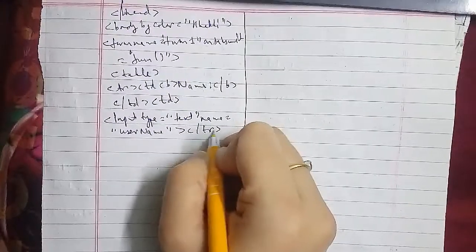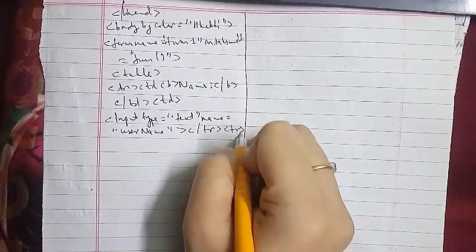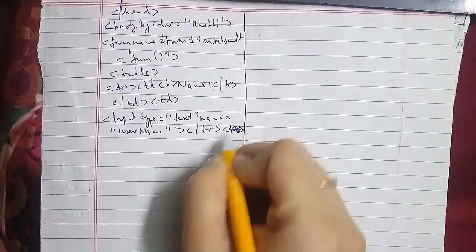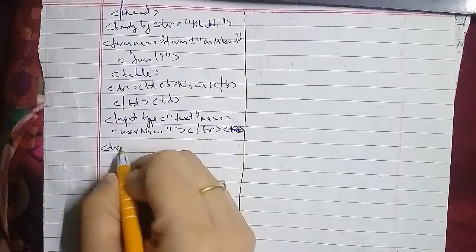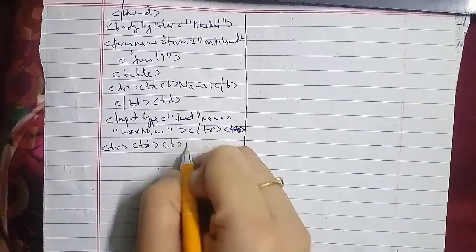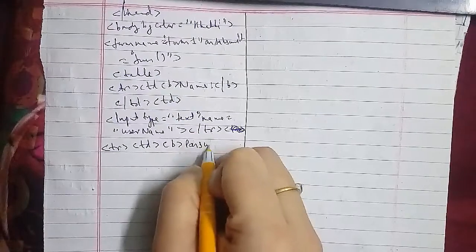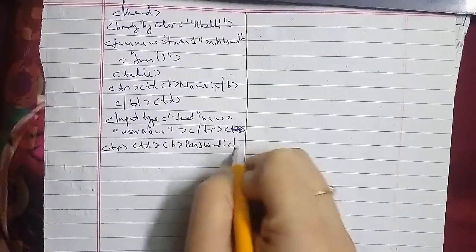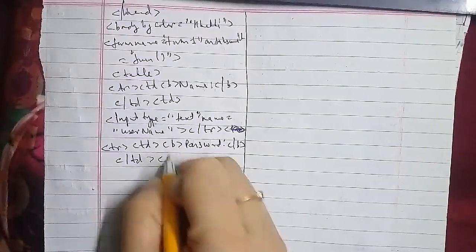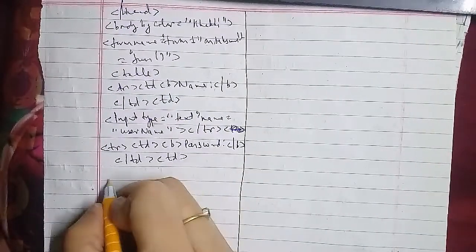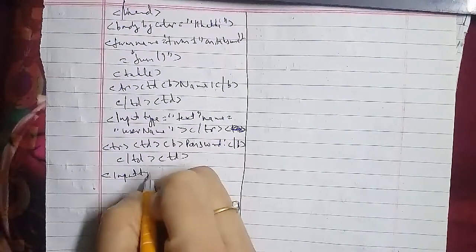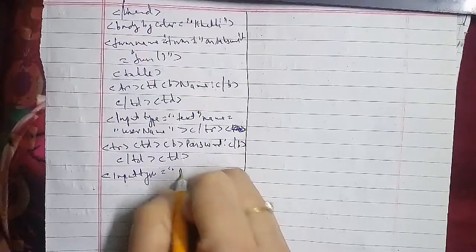Input type equals to text, name equals to accountnumber, then tr tag close. Then we'll end up with a table tag as well, and after that we will have a br tag, then br tag as well, closing that, then center.